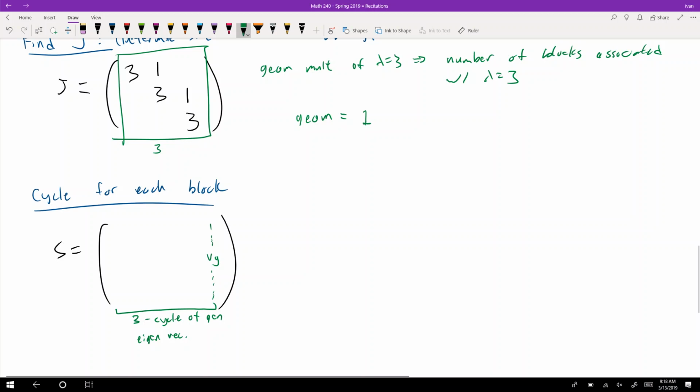We're going to have conditions on how to find VG in a little bit, but this is just what a cycle is. Since this is a 3 by 3 block, I have a 3 cycle. The second column is A minus lambda I times VG, and the first column is A minus lambda I squared times VG. You can see why it's a 3 cycle, because VG appears 3 times in this cycle.